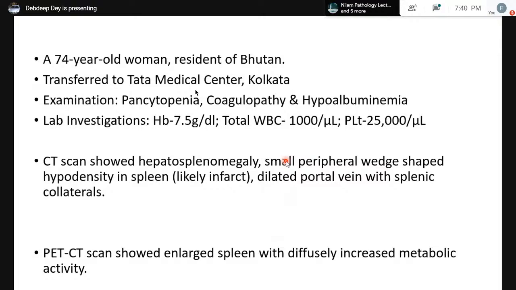I remember this case presenting to us with a clinical suspicion of cirrhosis of the liver or some sort of chronic liver disease. There is pancytopenia, there is coagulopathy to an extent that liver biopsy was not possible.